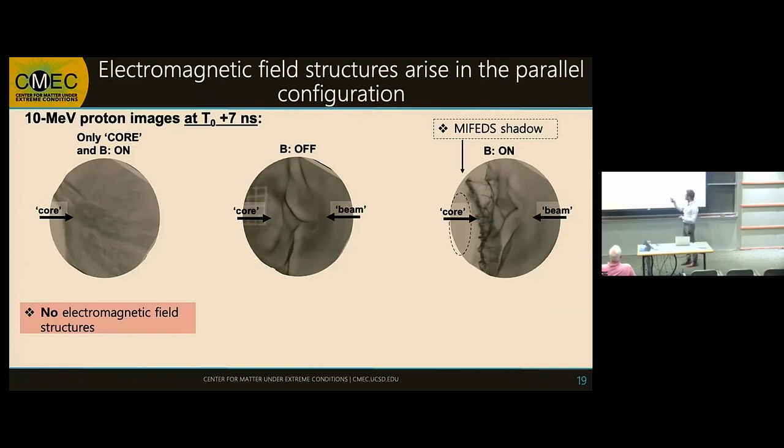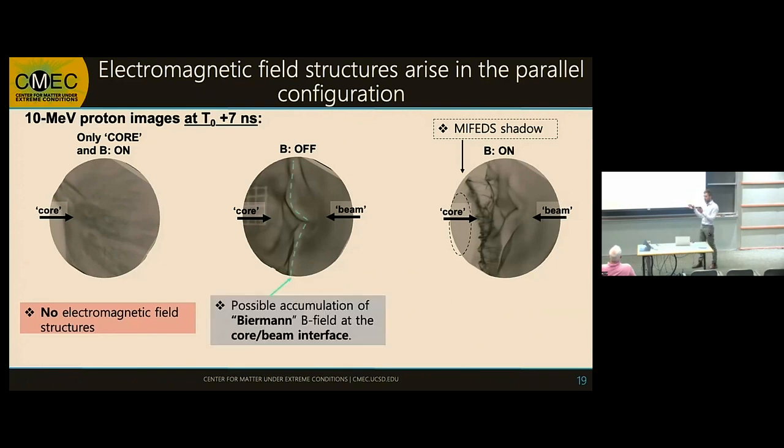The only structure we see is at the middle here, meaning that we've got a magnetic field which accumulates at the interface between the core and the beam. We believe it's due to the advected Biermann battery field, which was created close to the beam target.